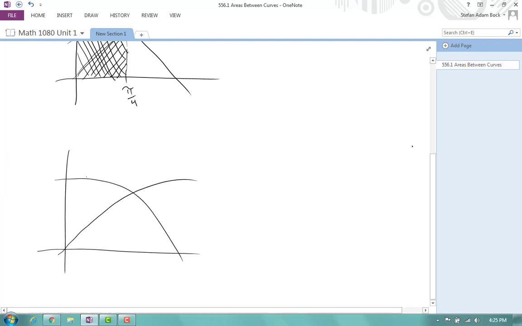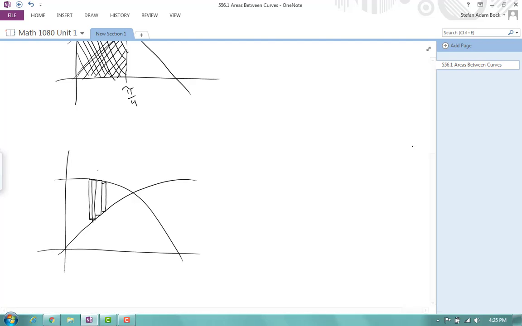So if I'm looking at this picture in terms of Riemann sums, then I'm going to be trying to draw rectangles here. I'm trying to find areas of these rectangles, but it's kind of doing two things at once.